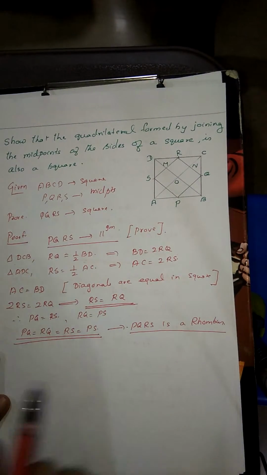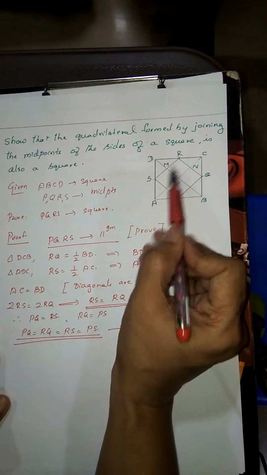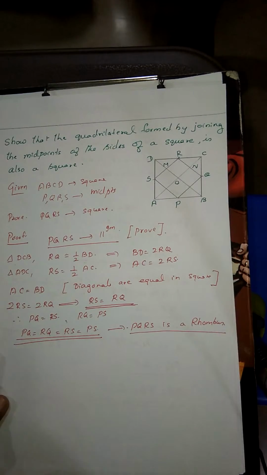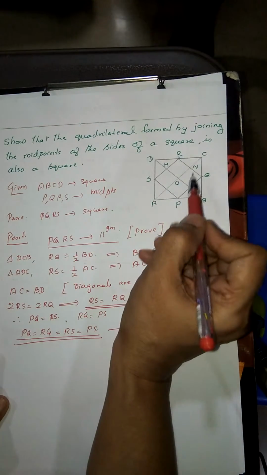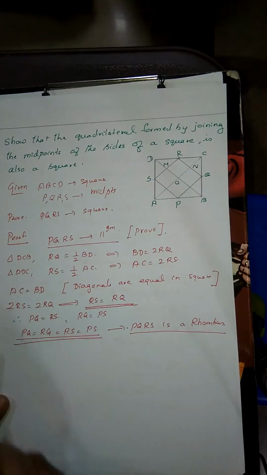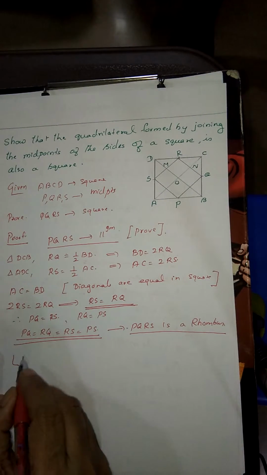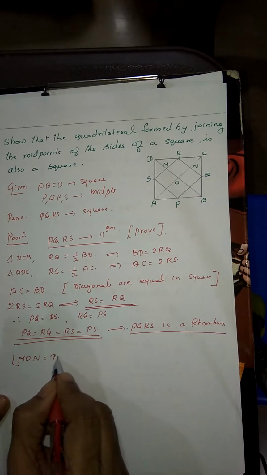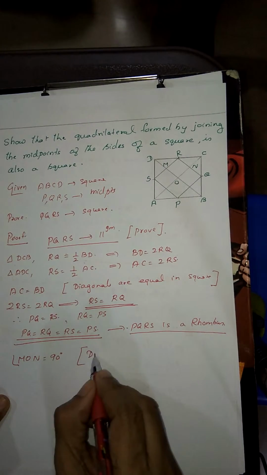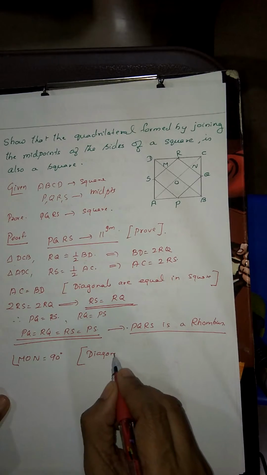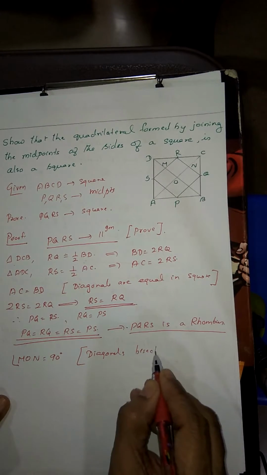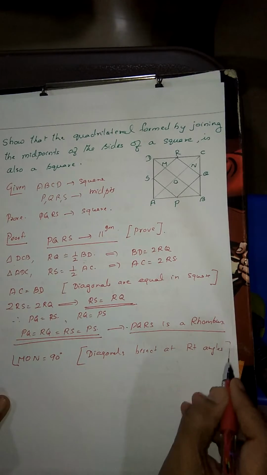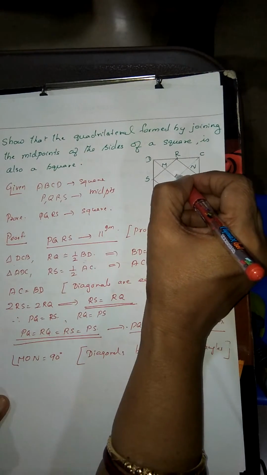Now if we are able to prove these angles are 90, then the rhombus will become a square. So we know again the diagonals of a square bisect at right angles. So angle MON is equal to 90 degrees. The reason: diagonals bisect at right angles. Now we have this as 90 degrees.